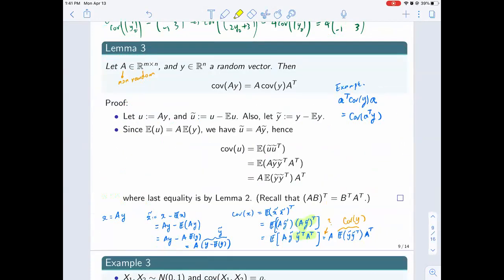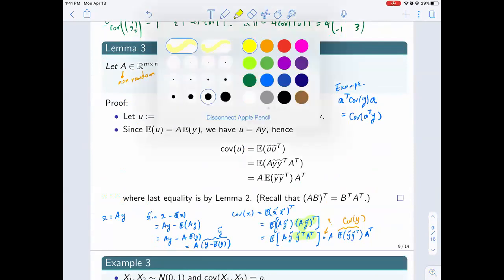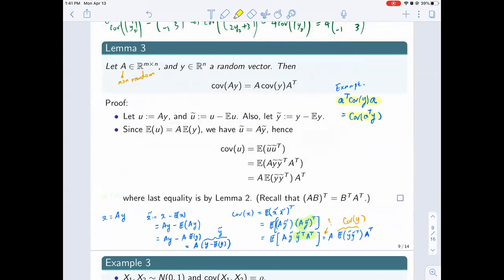I was wondering how you got from covariance of Y to covariance of A transpose Y. No, I didn't get from covariance of Y. What I'm saying is that A transpose covariance of Y times A, this quantity is equal to this.